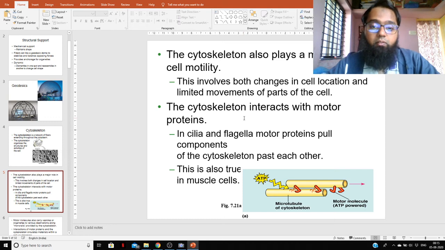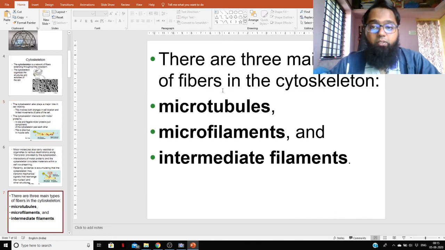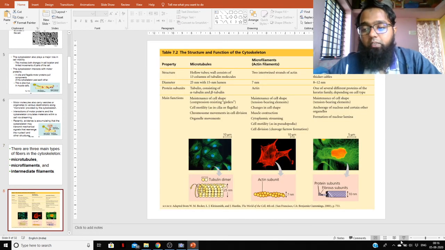Okay, coming to the next thing, the types. There are three main types of cytoskeleton: microtubules, microfilaments, and intermediate filaments. These are the three basic things we should know regarding the cytoskeleton. Here is a very good basic table.